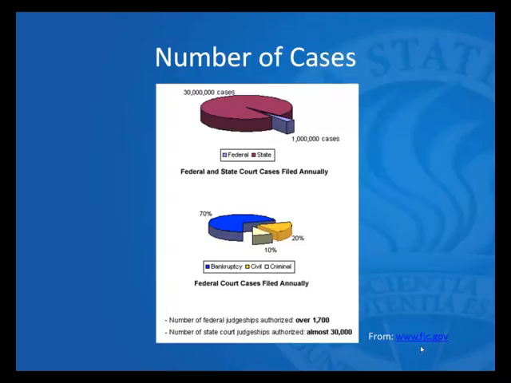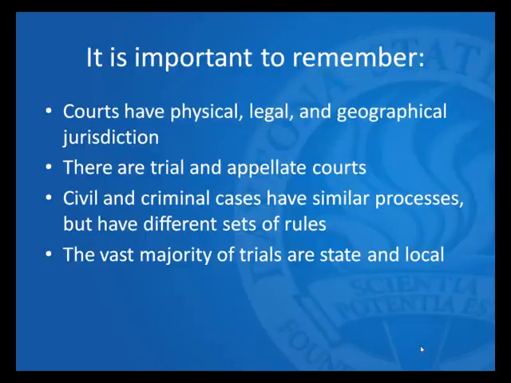The feds are the only ones that can do bankruptcy. So the state courts have about 80-20 or so civil versus criminal. But in the federal system, it's 10 and 20%. There are about 1,700 U.S. federal judges and almost 30,000 state and local judges. So you can see how much larger their system is.